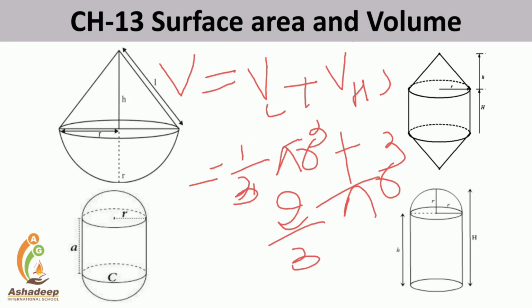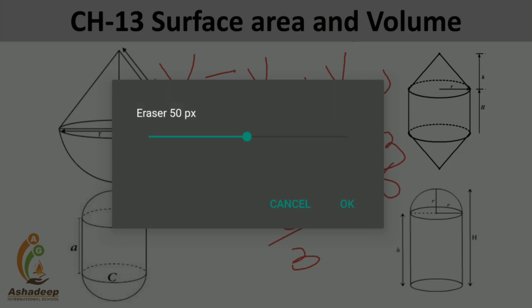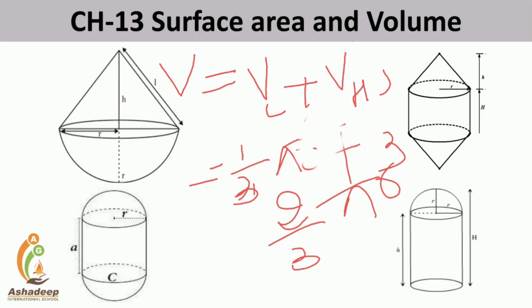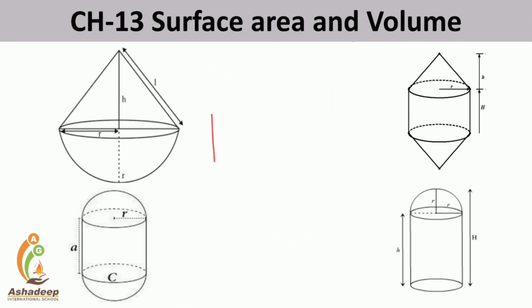Sorry, the cone's volume is 1 by 3 pi r square h. So 1 upon 3 pi r square is common.